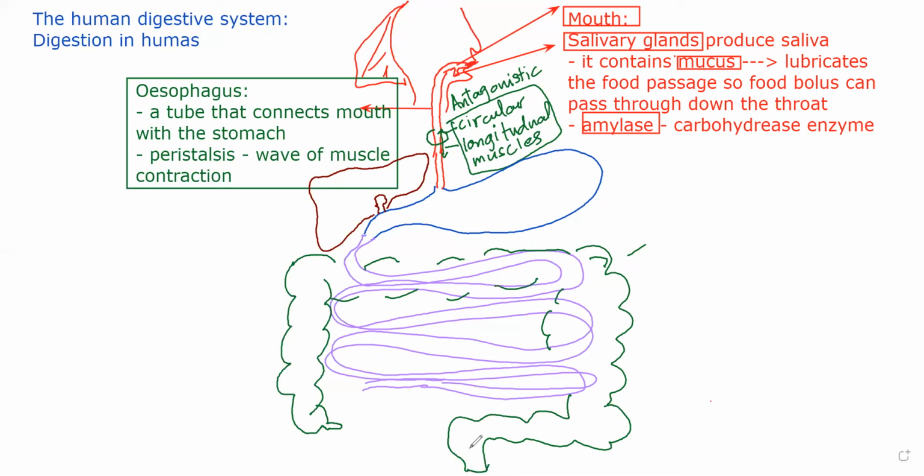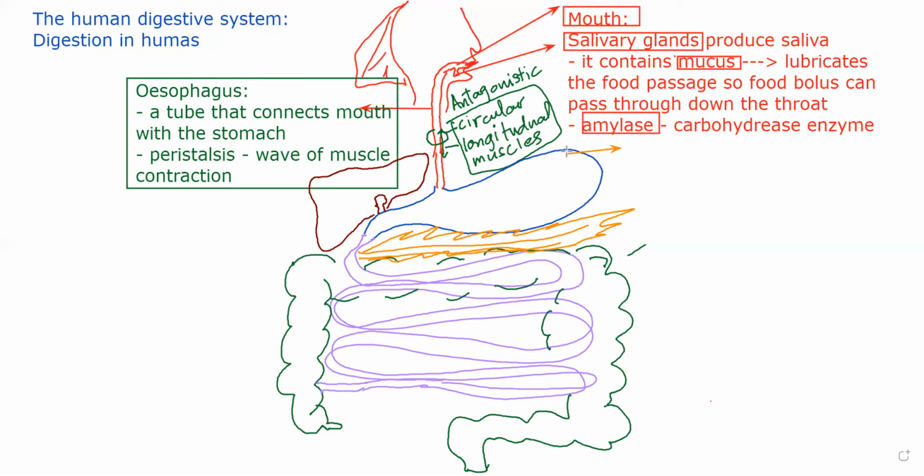We are going to talk about it further. Let me connect it here. Now let's talk about the stomach. One more thing, let me put here, this is actually the pancreas. So let's talk about the stomach first.